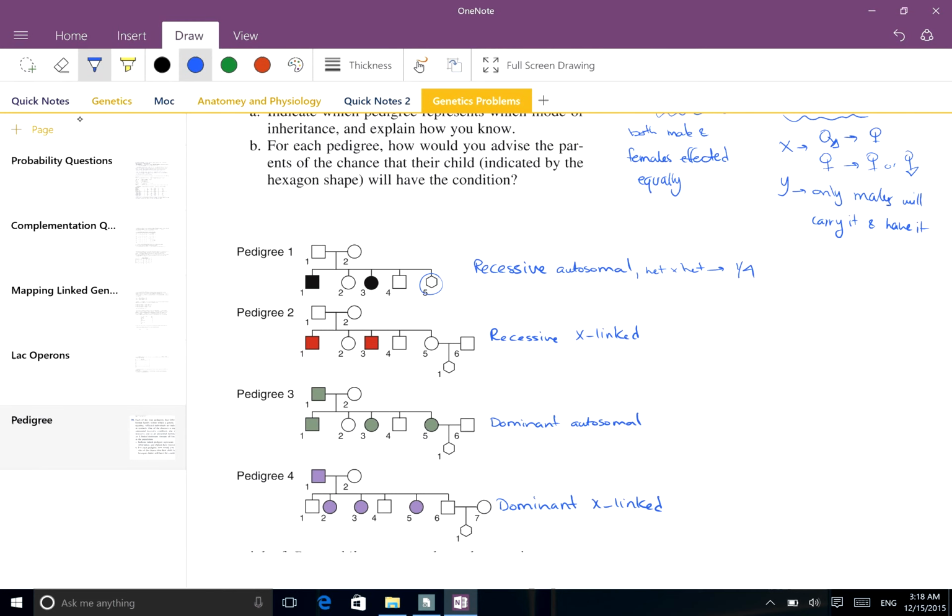And then same thing for this one. Even though it's X-linked, and we said the mother is the carrier, here we need to figure out the possibility of whether this mother is a carrier or a normal individual that does not carry the disease.